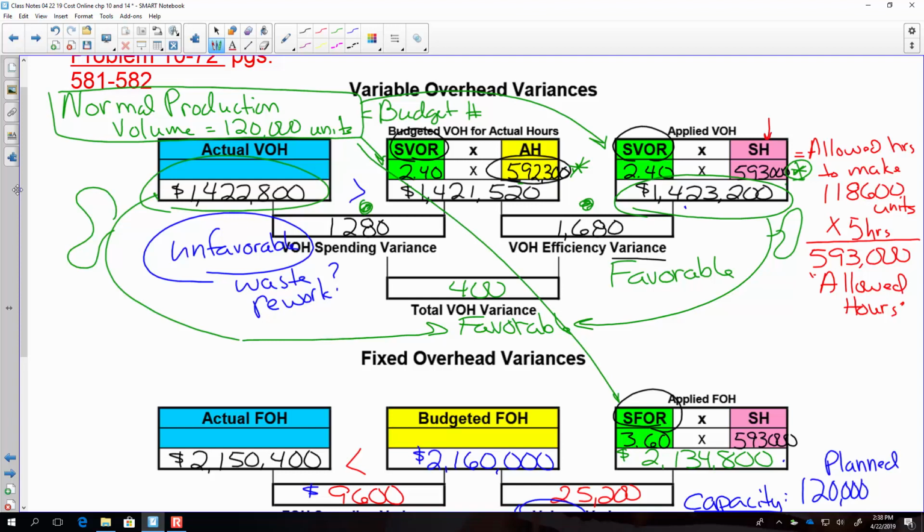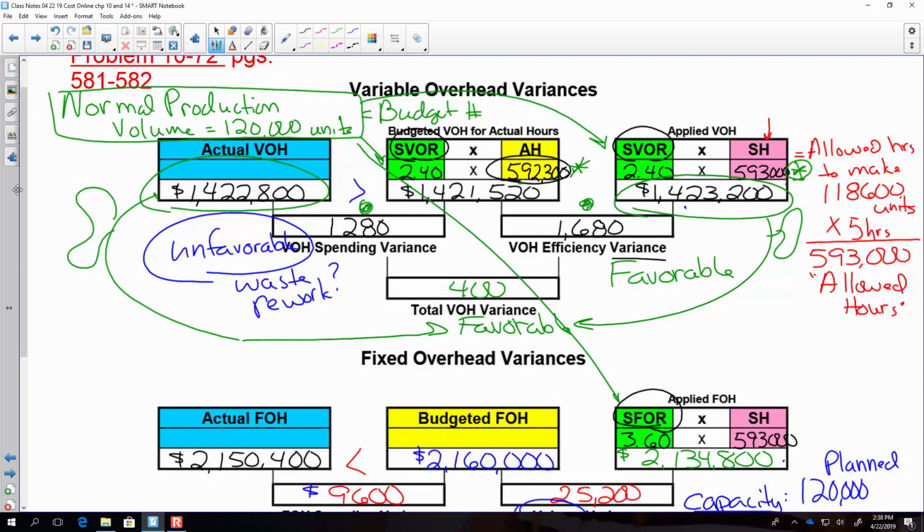If you remember, in Chapter 4, I know that's a long time ago, but in Chapter 4 we talked about a predetermined overhead rate. Well, that's what our standard variable and standard fixed rates are here, a predetermined rate based upon what? A budgeted level of production, which in this case was 120,000 units. So it talks about that in the bottom of page 581.